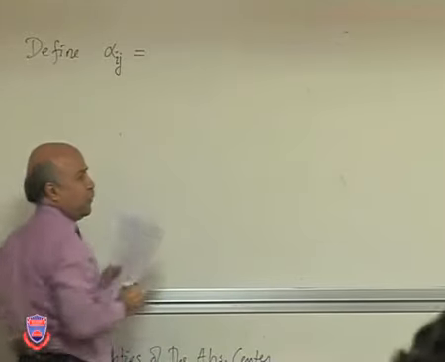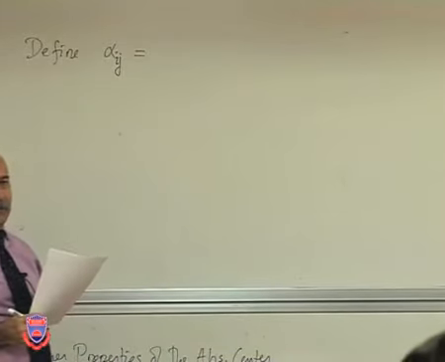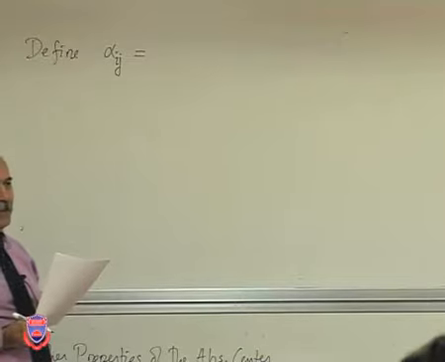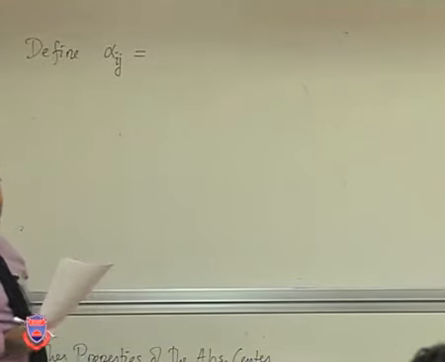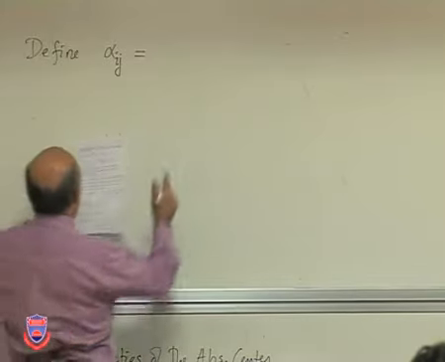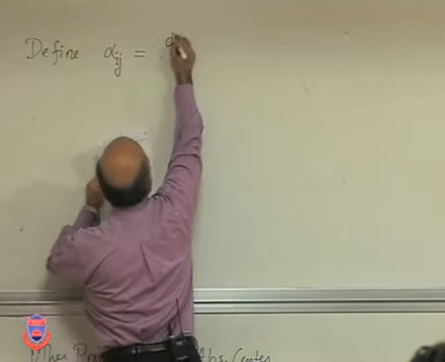I'm going to define a certain number here, which you are going to see often in the rest of the semester whenever we deal with center type problems. That number is defined as follows.